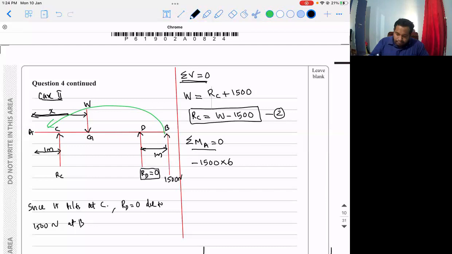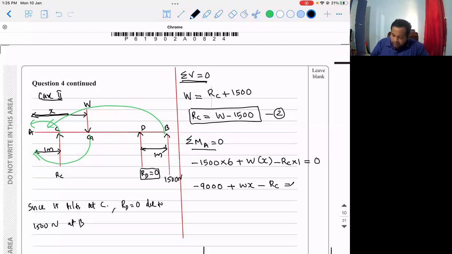Then W times X. Then this RC times 1, that is anti-clockwise. And that is equal to what? 0. So that means minus 9,000 plus WX minus RC is equal to 0.